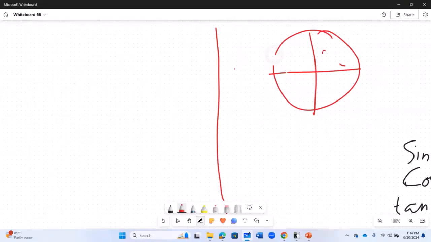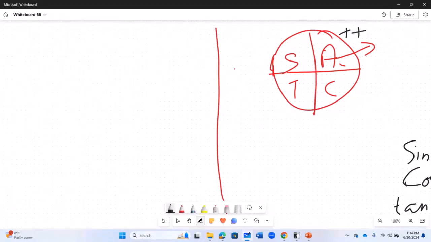What does it mean? Even if you don't know what it means today, before the end of next week you will. ALL means that all trig ratios are positive in the first quadrant.